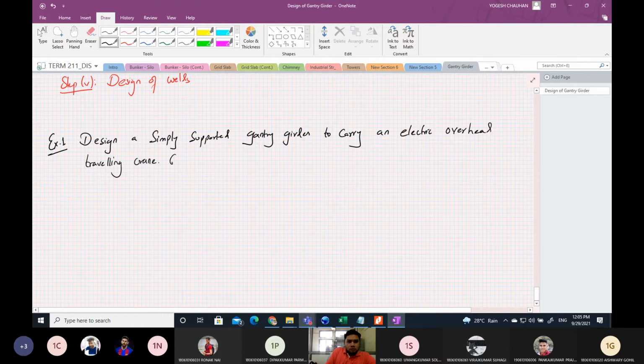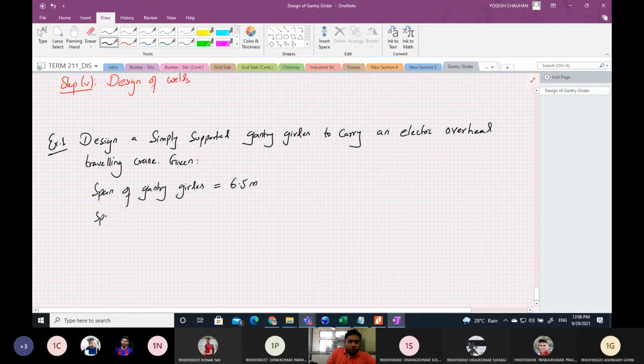Given that the span of gantry girder is 6.5 meter.